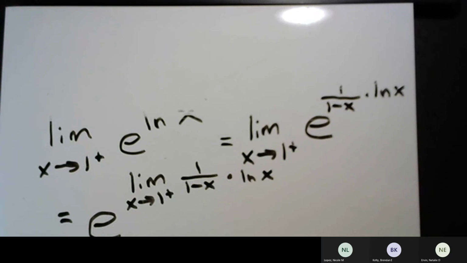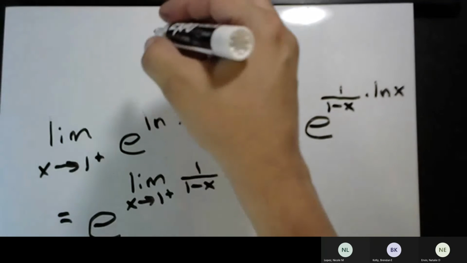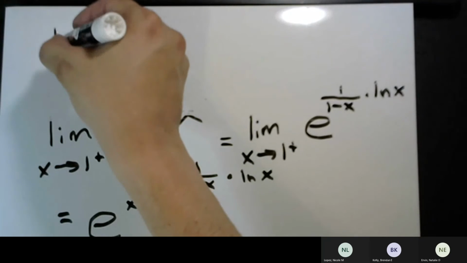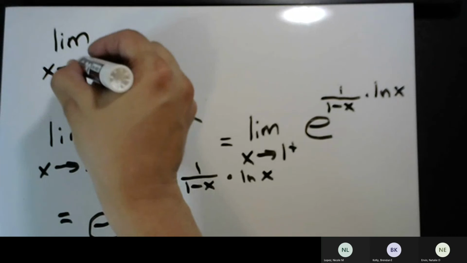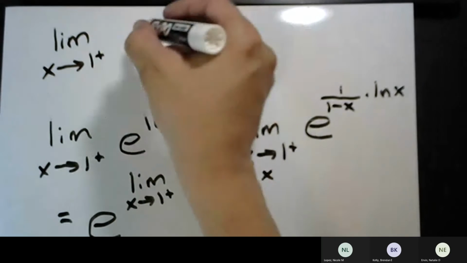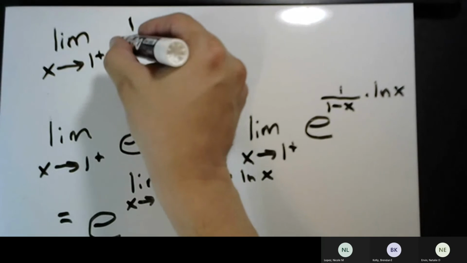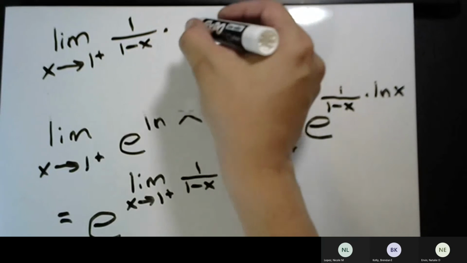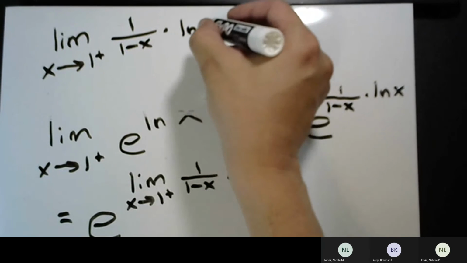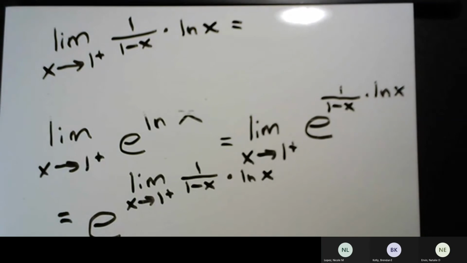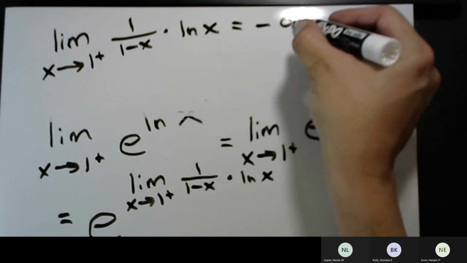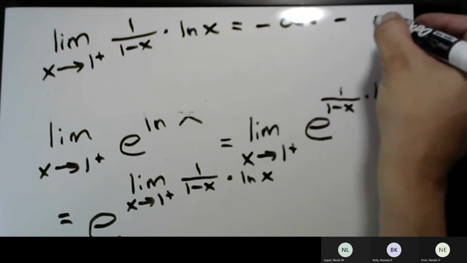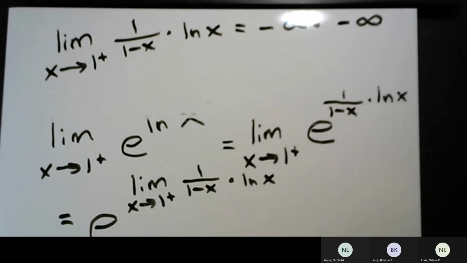So we're going to have to deal with this limit, which is going to be negative infinity times a negative infinity, an indeterminate form.